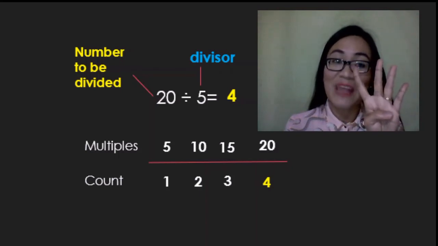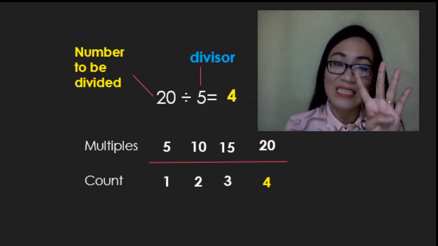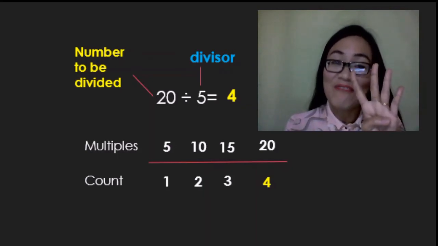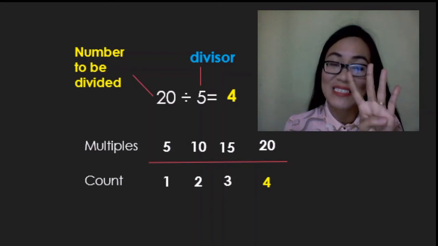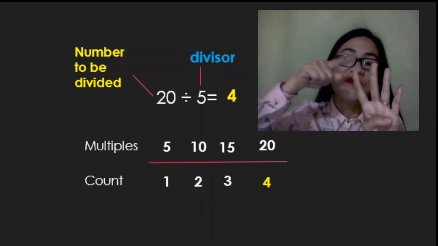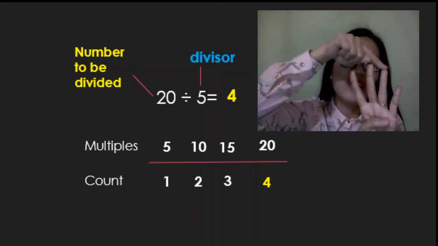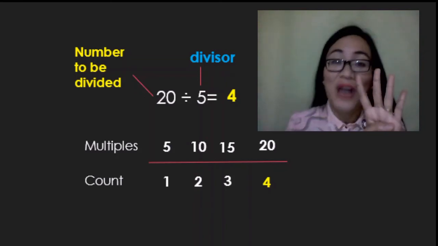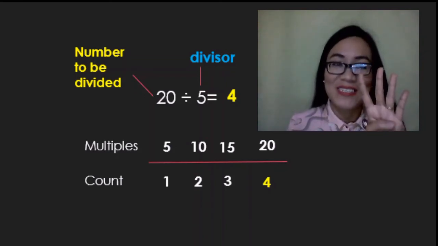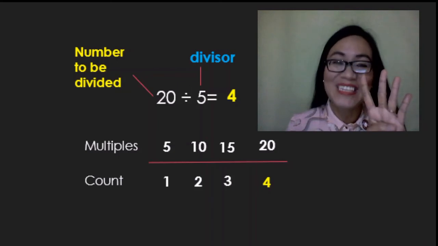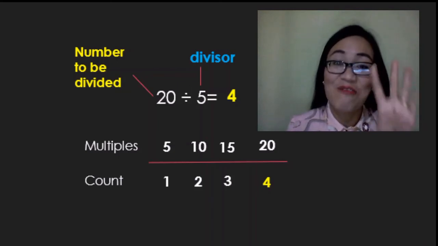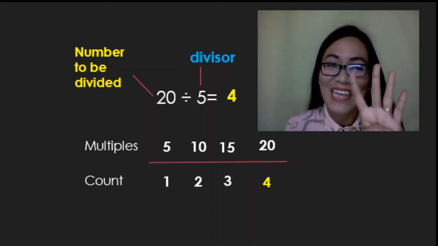Take note that the number to be divided is 20, so you have to stop at 20. How many fingers did you raise? 1, 2, 3, 4. There are 4 fingers. So therefore, 20 divided by 5 is 4. Excellent.